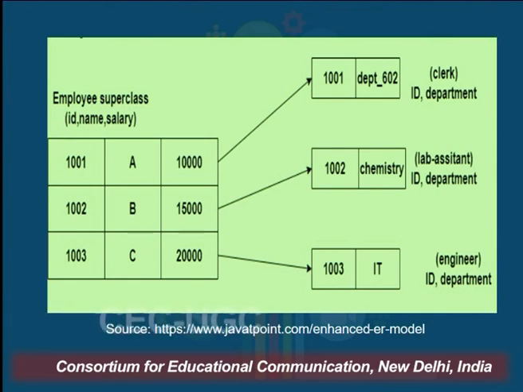When we are going to have the specialized details of these employees, we can have their ID and the department also. The department is going to be different for lab assistant, clerk and engineer, and so is the ID. These type of scenarios are very, very common when we are dealing with a database management system.